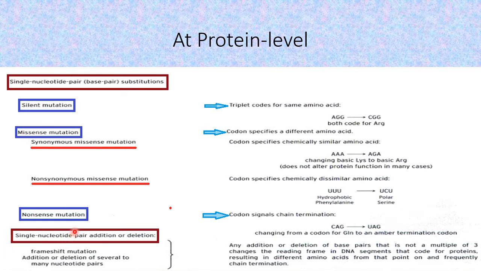Now the next type that we had done was the nonsense mutation, in which because of the substitution of a particular nucleotide, like the cytosine in this case, it leads to the formation of the termination codon. That means the functional gene terminates before acquiring its complete amino acid sequence, and that leads to nonsense mutation.